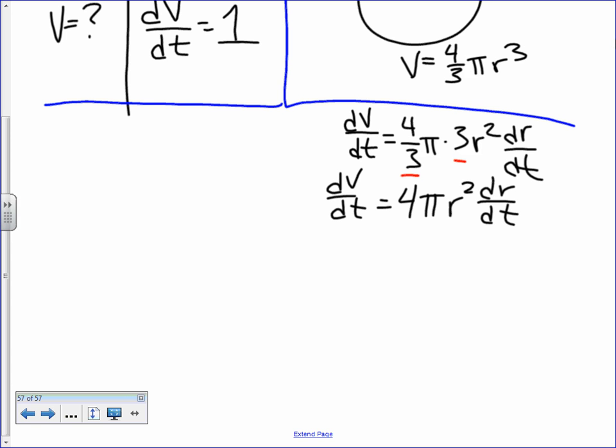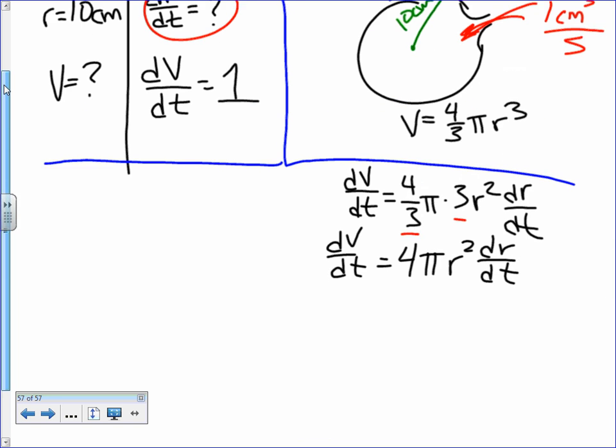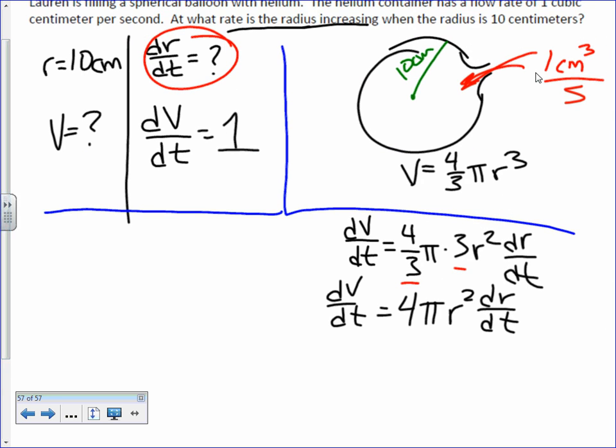Now I go ahead and plug in the information that I know from the problem. I want to plug in 1 for dV/dt. 1 equals 4 pi. Now, do I have an r? Yep, I have an r. 10 squared, and then times dr/dt. Oh, look, we're down to one variable, and it's the variable we want to solve for.